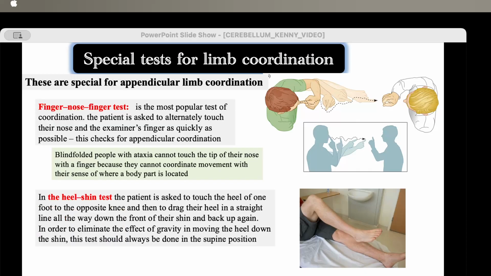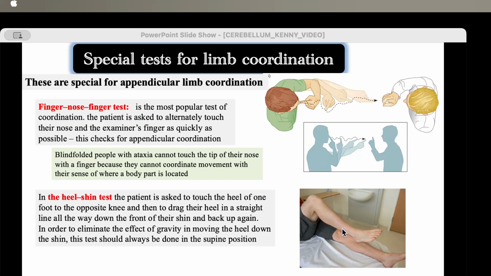And then we have another test here, which is known as the Heel-to-Shin test, and this one tests for the coordination of the lower limb. So what happens here is that you take the heel of one leg, for example, the heel of the right leg, and then you rub against the shin of the left leg.